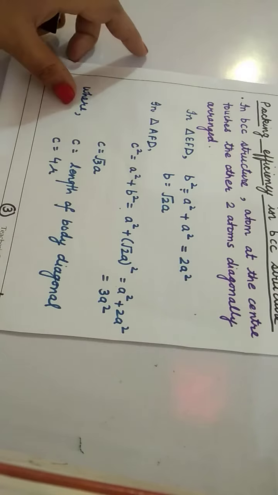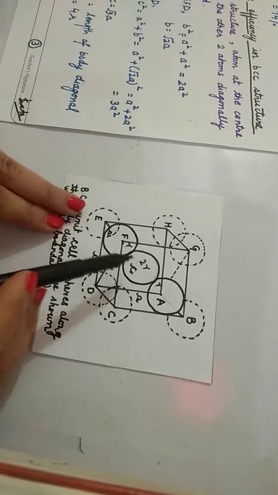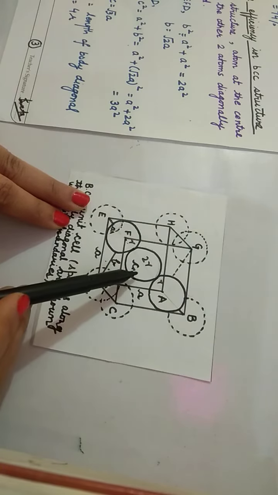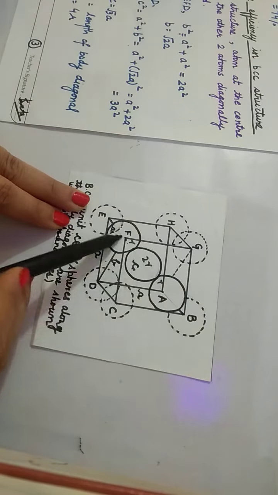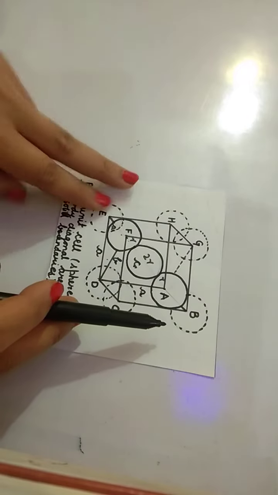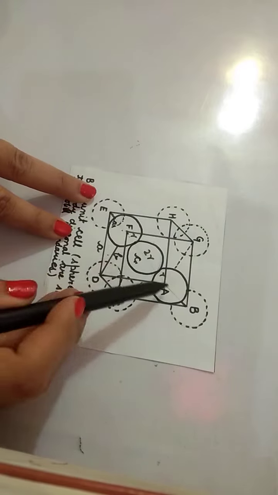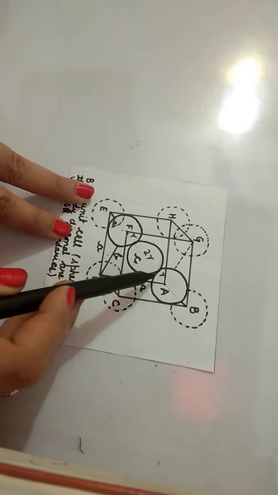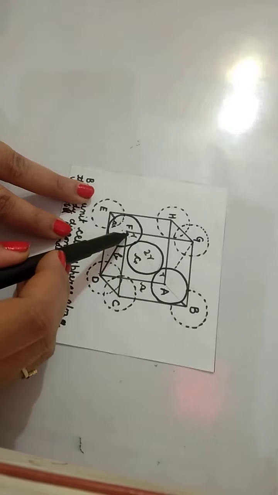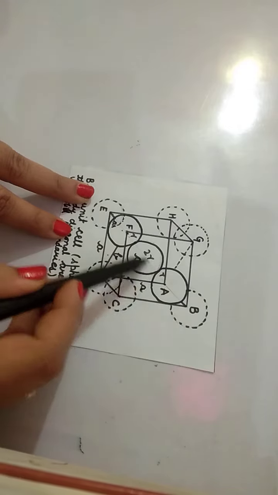Now you can see here this AF, which is equals to C. It is the length of the body diagonal, and we'll find out its value in the same way we have found out in the case of HCP and CCP. So you find out the number of circles or spheres over here. If you consider it like a circle, then it is the radius, it is the diameter of the second one.